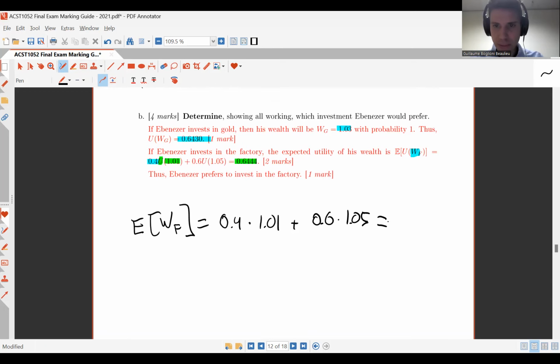And yes, it's 1.034. So the expected value of the wealth is bigger. So then there's a possibility that you might prefer this. And yes, this is what we have confirmed with the utility calculation. My point is just that if you had gotten a number here smaller than 1.03, then you would have concluded directly that they will prefer the fixed option because they're risk averse. But in the case where the expected value is bigger, then you need to make the calculation to see which one he does prefer.